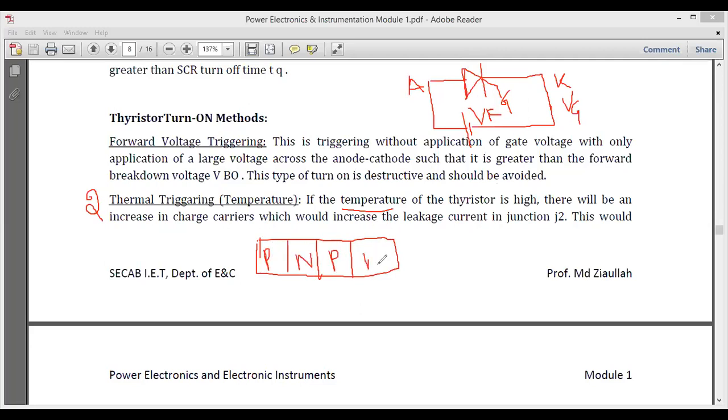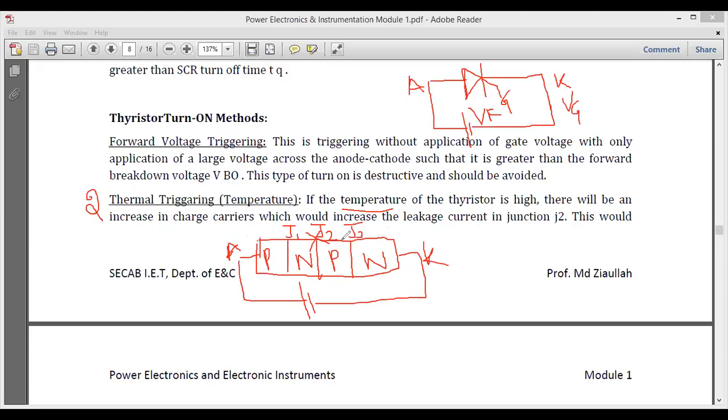This is P, N, P and N. If I apply the voltage at the P and N terminals, making this my anode and this my cathode, the junctions here are J1, J2 and J3. Even if the voltage is forward bias, junctions J1 and J3 are forward biased and junction J2 is reverse biased.